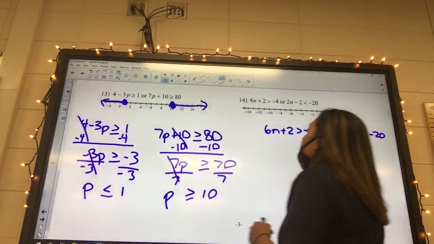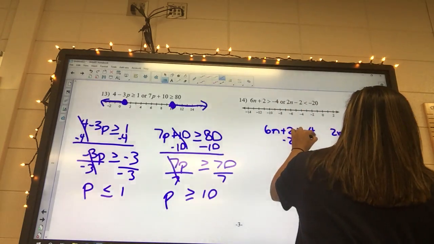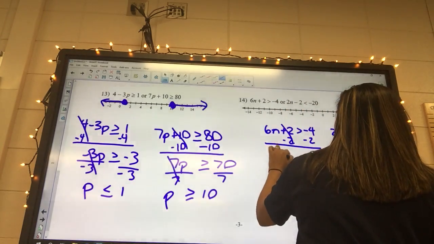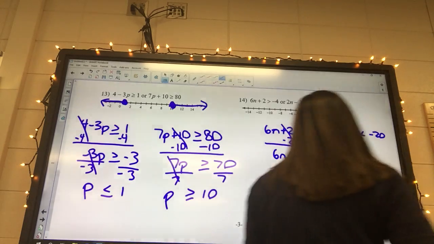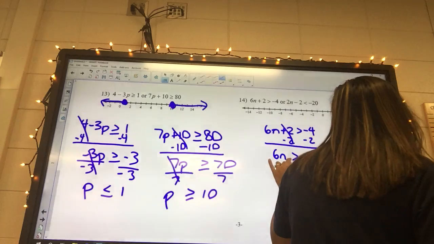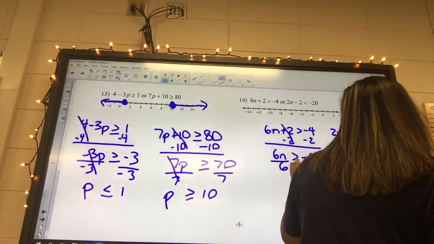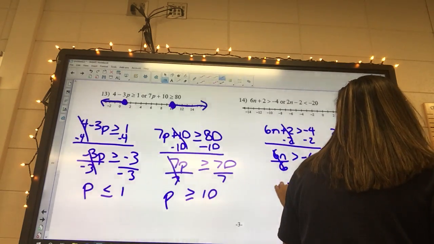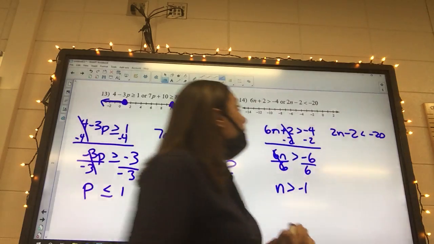Okay, so 14, we're gonna subtract 2 from both sides. So I got 6n is greater than negative 6. And then we divide by 6 on both sides. So n is greater than negative 1.